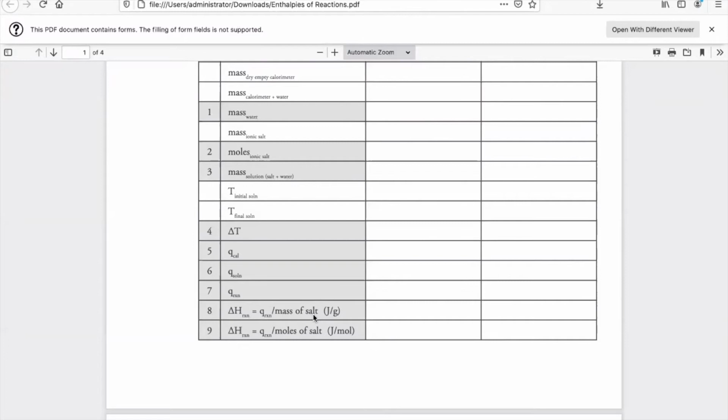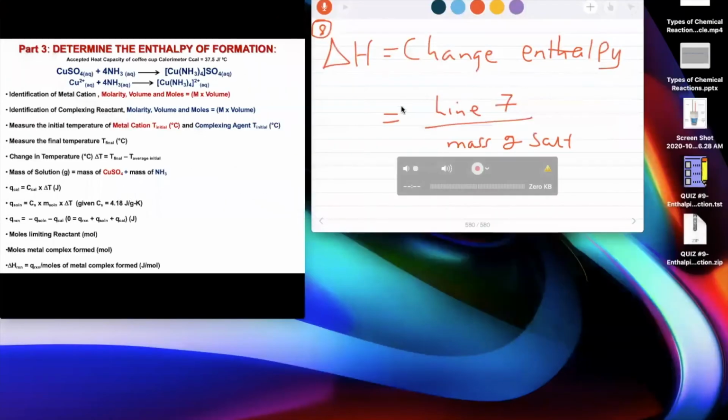This is 8. How do you get 8? It is line 7 over the mass of the salt. This is how you determine the value for line 8. Line 8 is basically the value you'll get for line 7 divided by the mass of the salt.